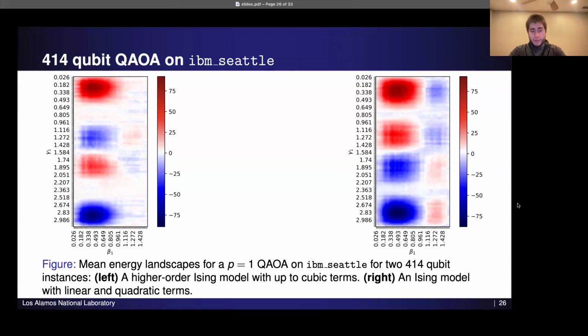That just shows that removing or adding higher order terms can slightly change the landscape, but it actually didn't change it that much. So this observation is another example of this parameter concentration. But yeah, that is a very interesting thing that we should look at.